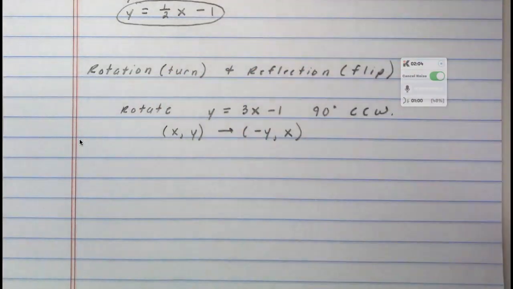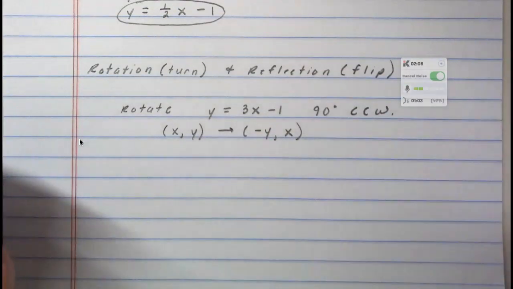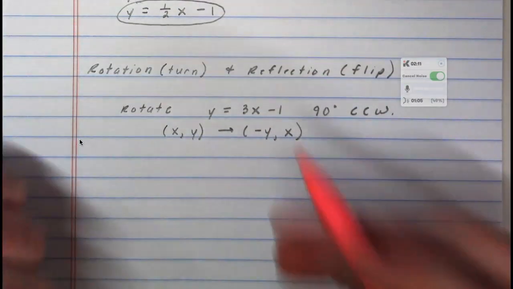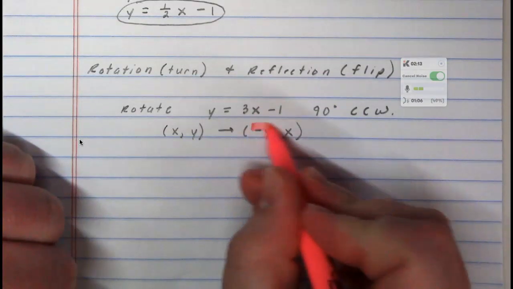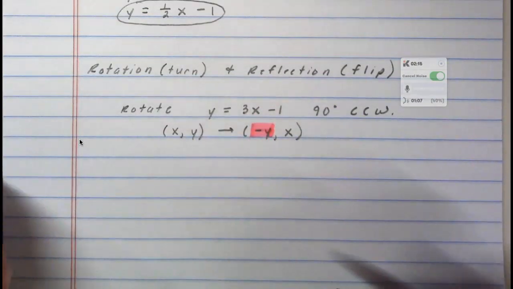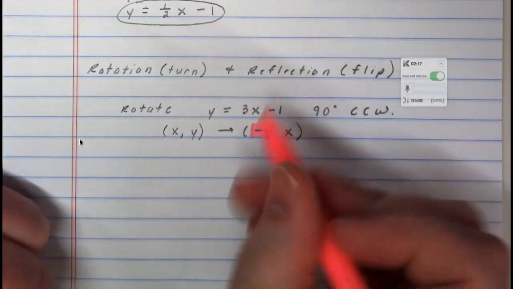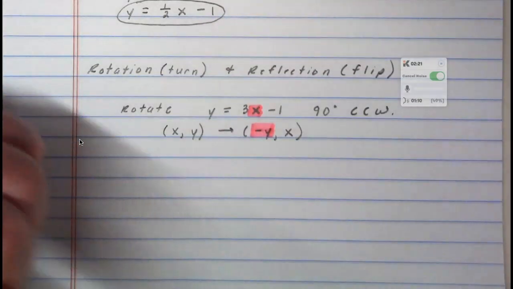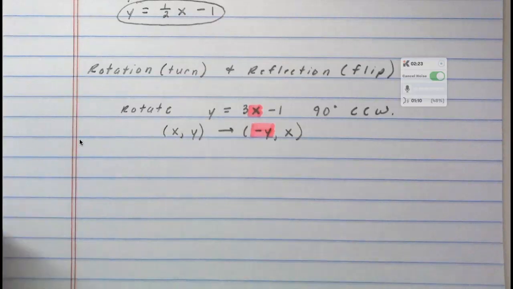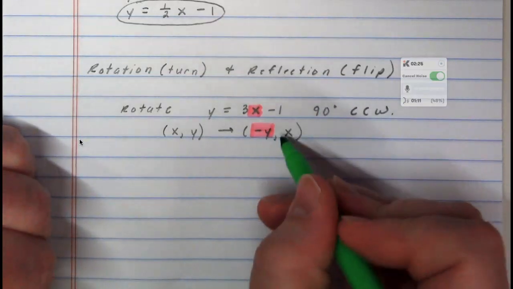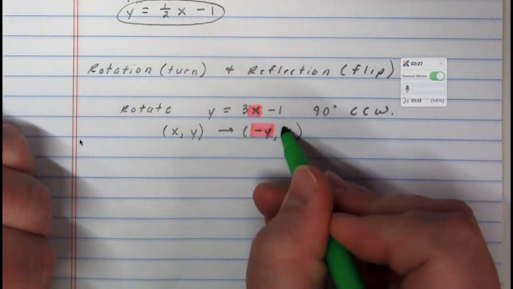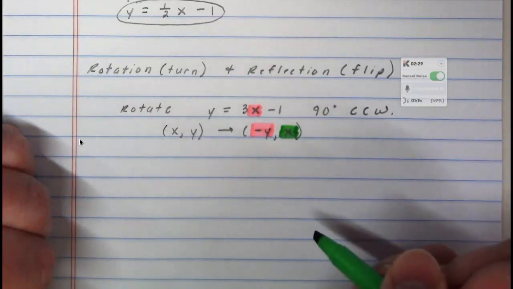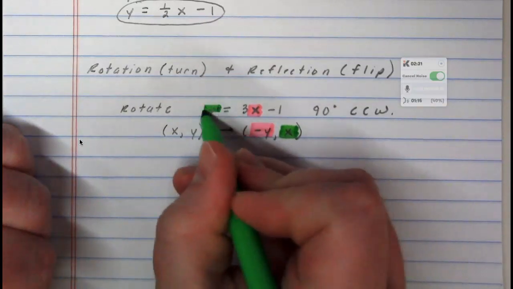So what we do is we put this first part here, which is the new x value, which is just the opposite of y, we plug it in where the old x value was. And we take the new output value, or the new y value, which is the old x, and we plug it in here.